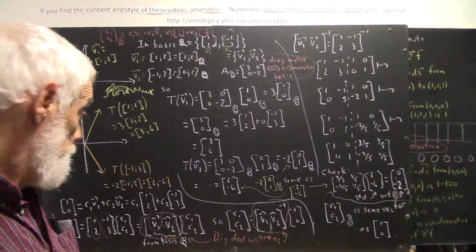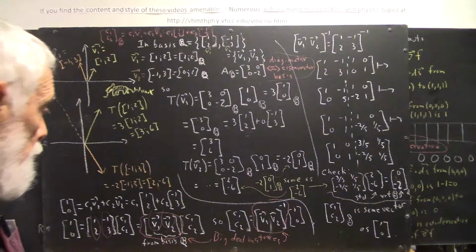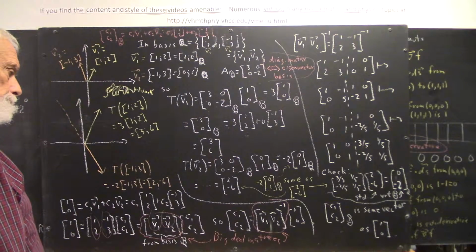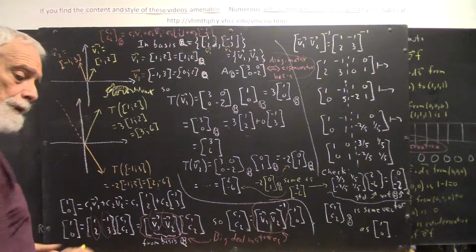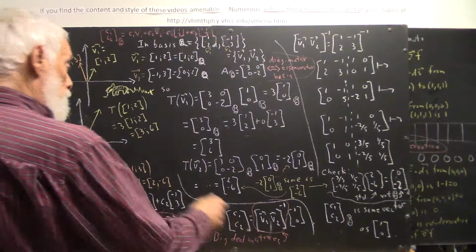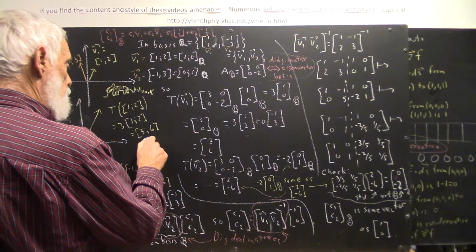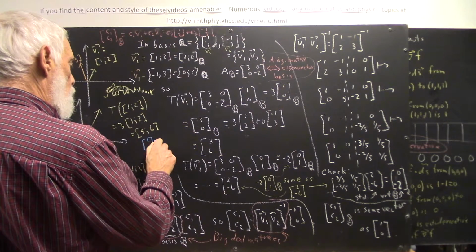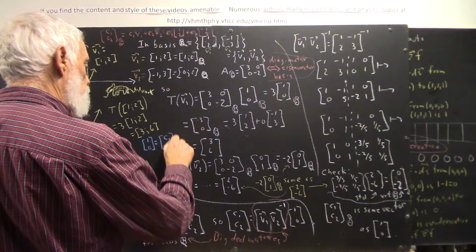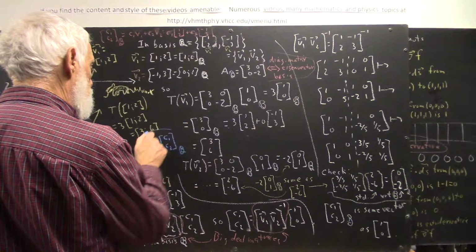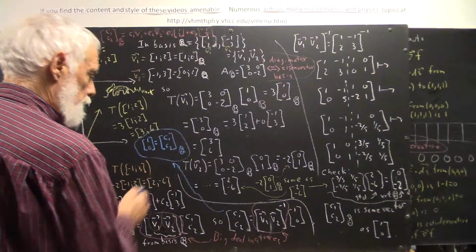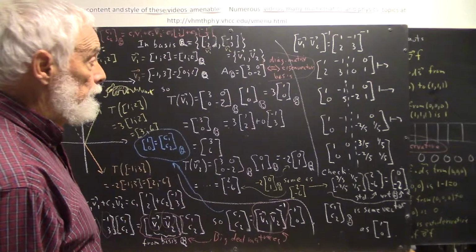And I could make a statement that, well, let me get a better color here. A color I haven't used. So from this I can make the statement that 1, 0 is the same as C1, C2 relative to the basis B. That's what this result gives us.